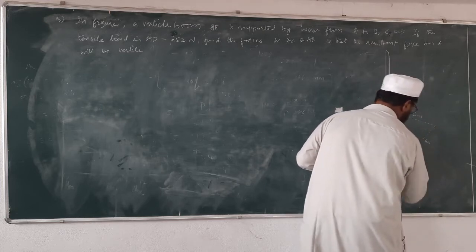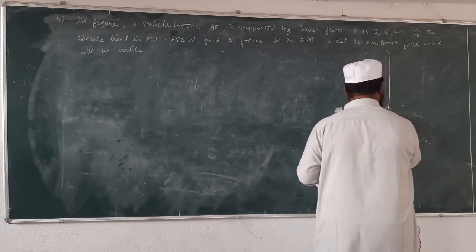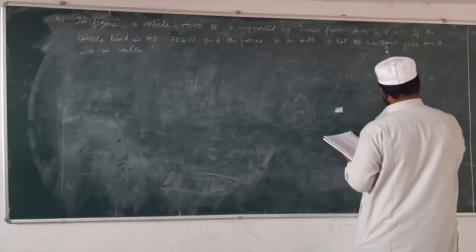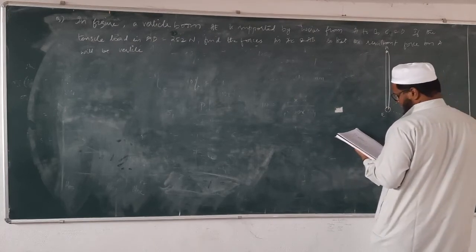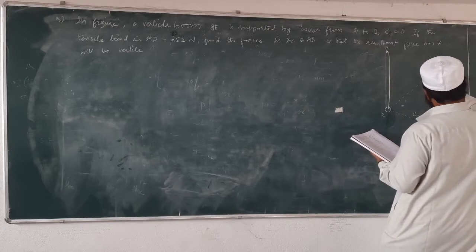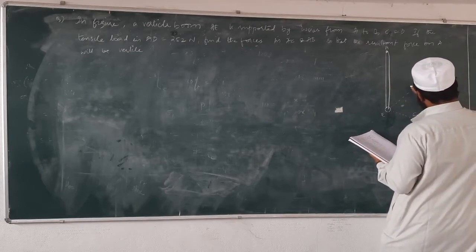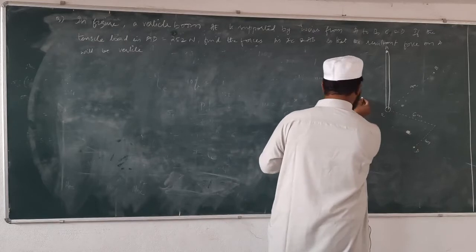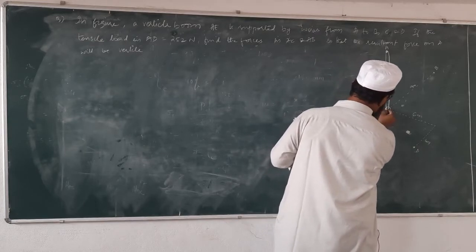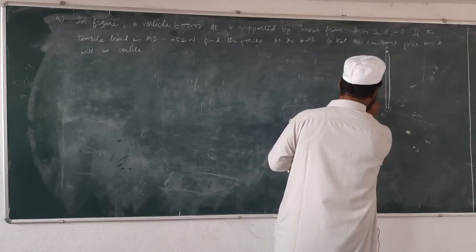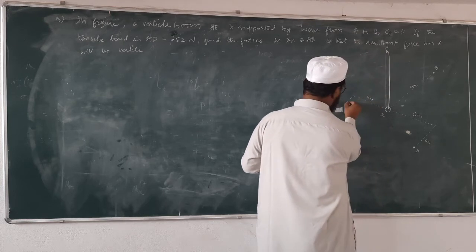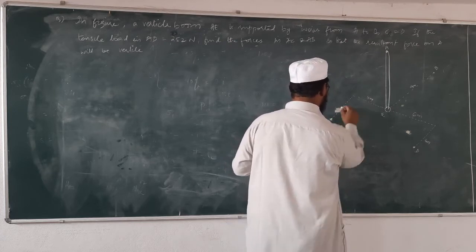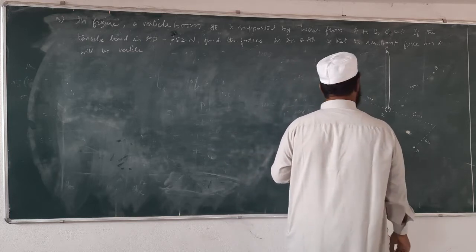This is point D, this is point E and this is point A. We have one more point here, which is point B at a distance of 9 meters. Then we have 4 meter and 3 meter.